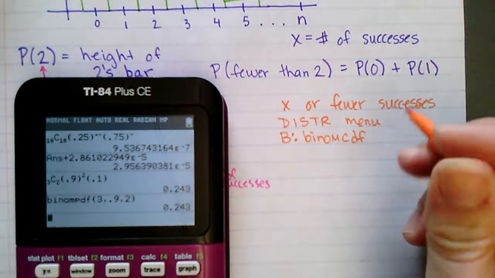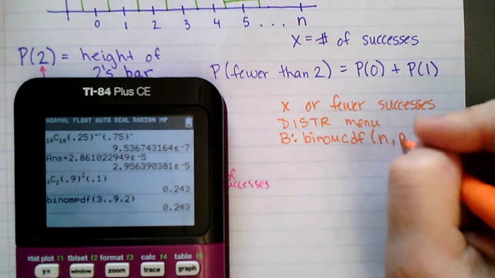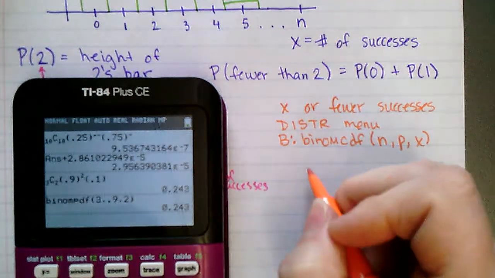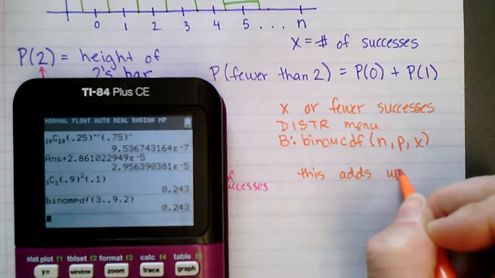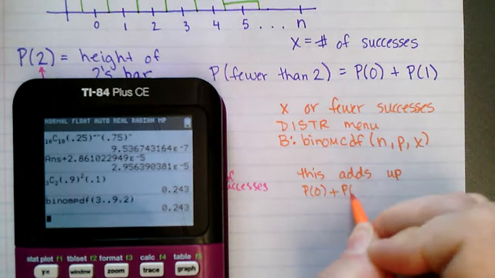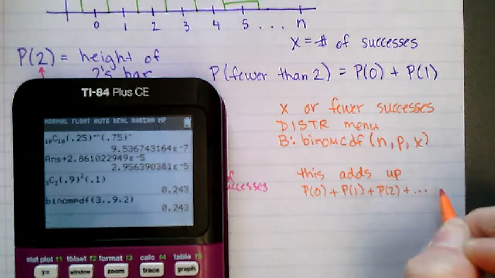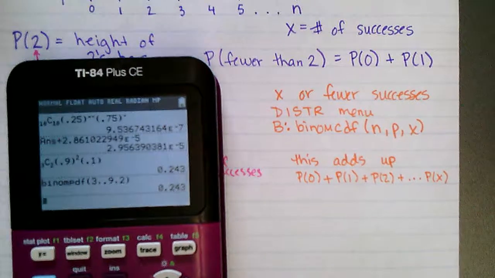That's cumulative distribution function. Then I put in n, p, x. This is going to add up the probability of 0 plus the probability of 1 plus the probability of 2, up until the probability of whatever x value you put.